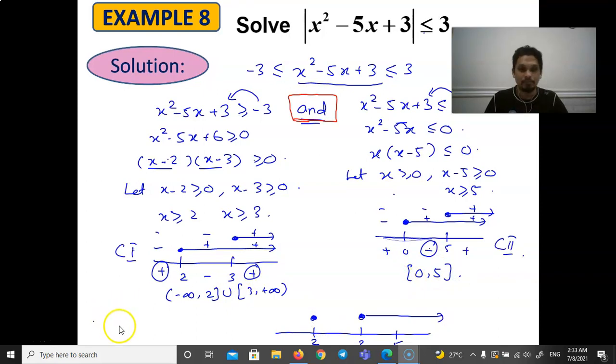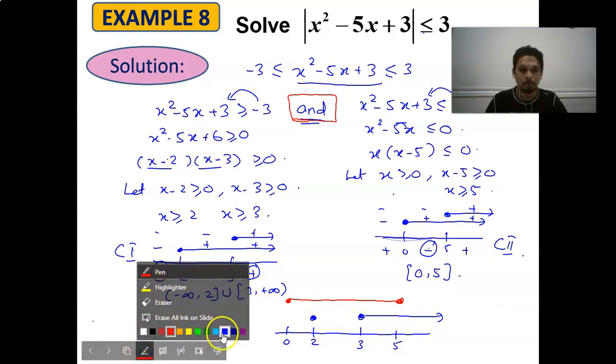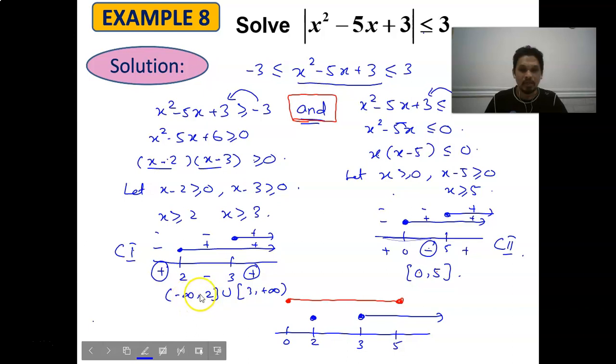So now, 2 and 3 and 0 here. I am going to sketch the line of case number 2, 0 until 5, with a red ink, here until here. Before that, negative infinity until 2, here.